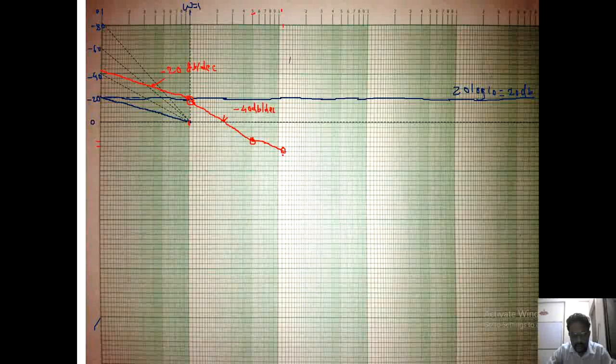So from this point, 4, 8, suppose here. At this point you should draw one slope like this, and erase this portion.